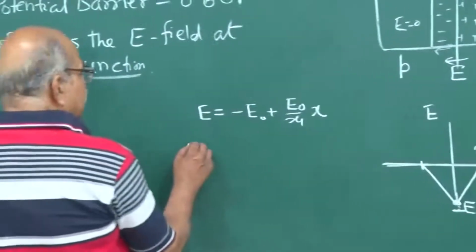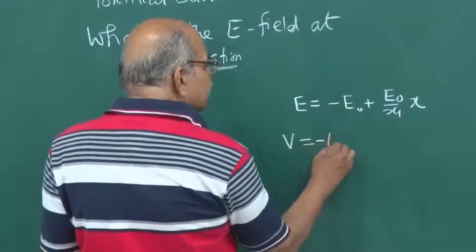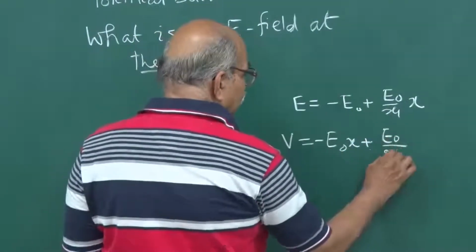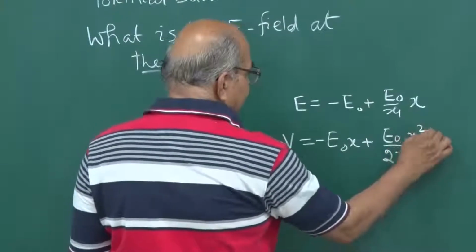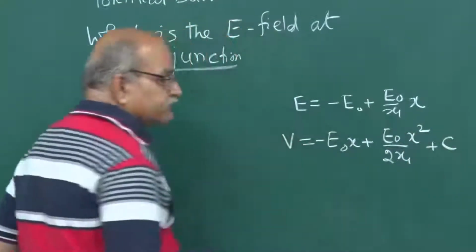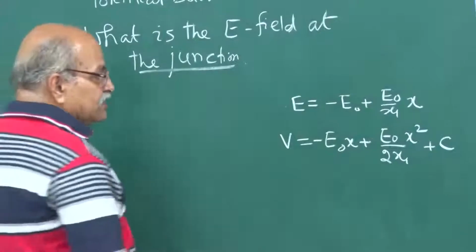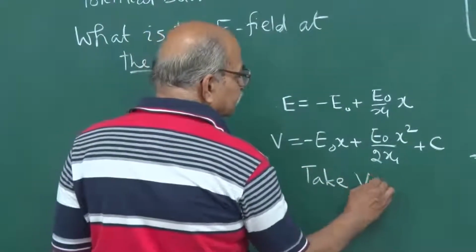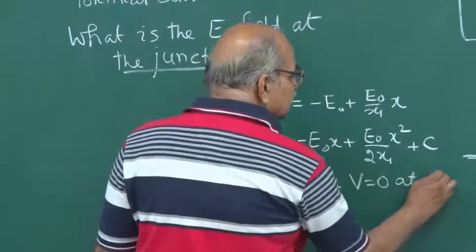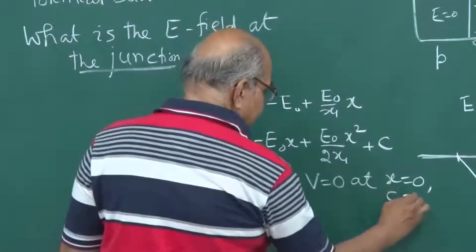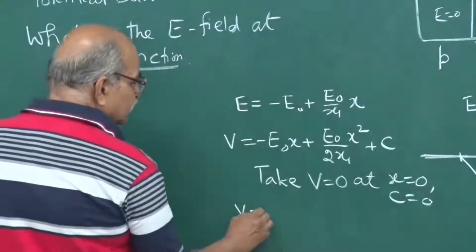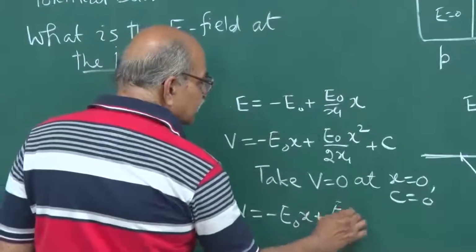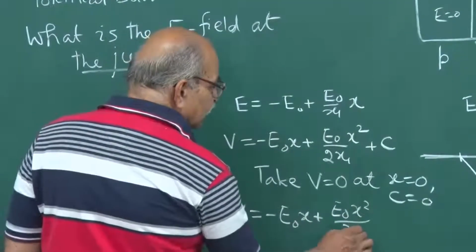Now you can integrate to get V. V will be minus E naught x plus E naught over 2 times x1 times x square, plus some constant. And you can take V to be 0 at x equal to 0, this is our choice, and that will make c equal to 0. So V is equal to minus E naught x plus E naught x square over 2x1.